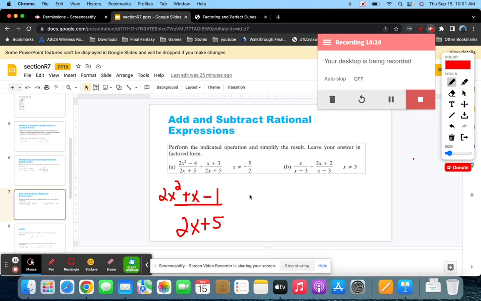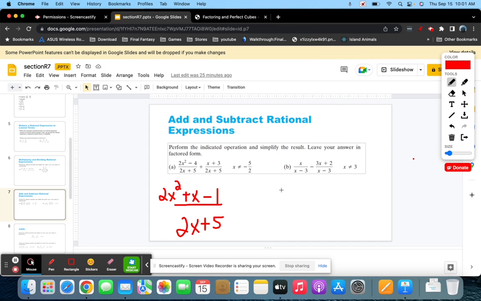It would come out to be 2x minus 1 times 2x plus 1.